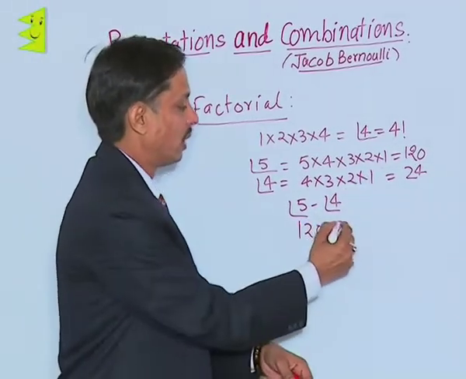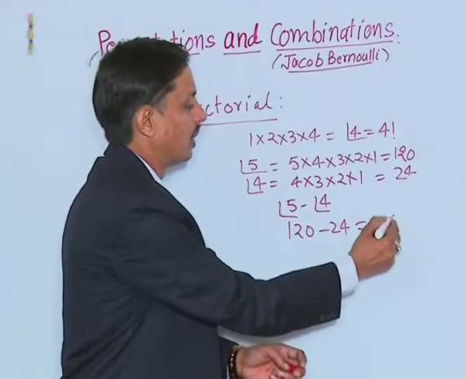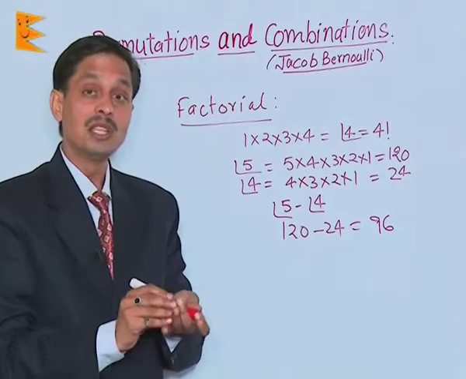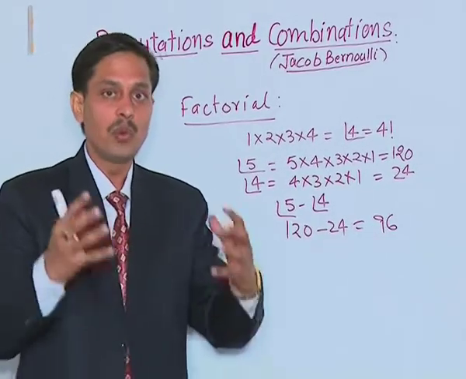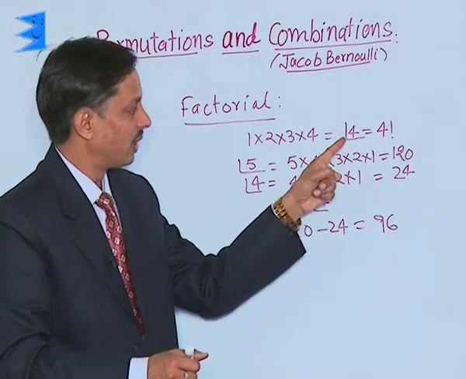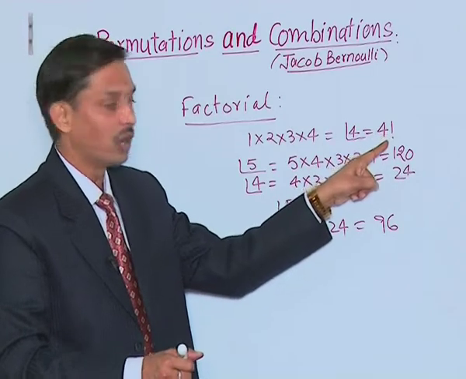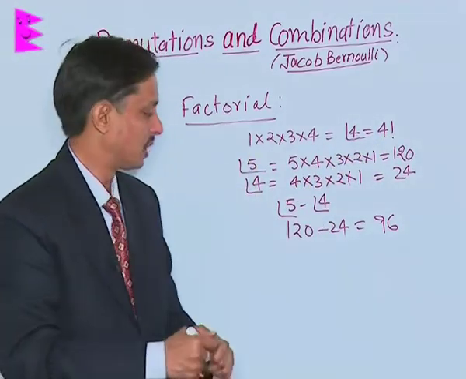Then factorial 4, which is 24. So the answer comes out to be 96. Whenever we are solving factorials, first we need to find the values of the factorials. Another symbol, factorial is mostly written like this or this. They have the same meaning, same logic, same answer.